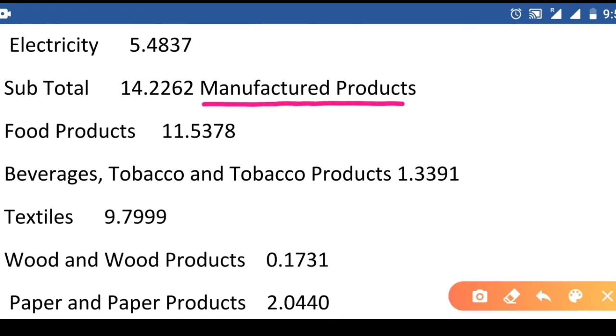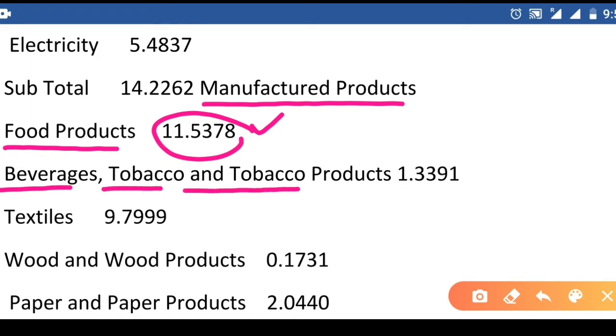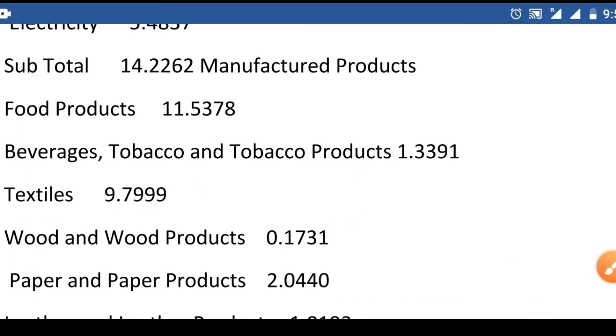Manufactured products: food products, weightage 11.5378. Beverages, tobacco and tobacco products, weightage 1.3391. Textiles, weightage 9.7999. Wood and wood products, weightage 0.1731.